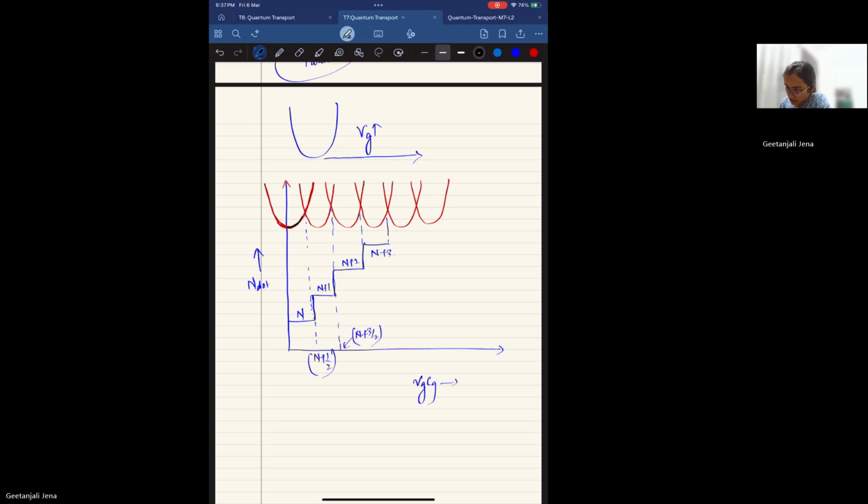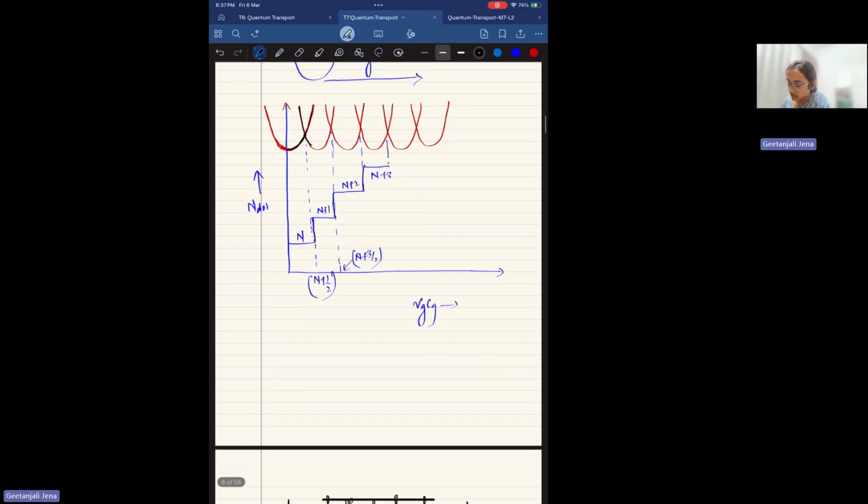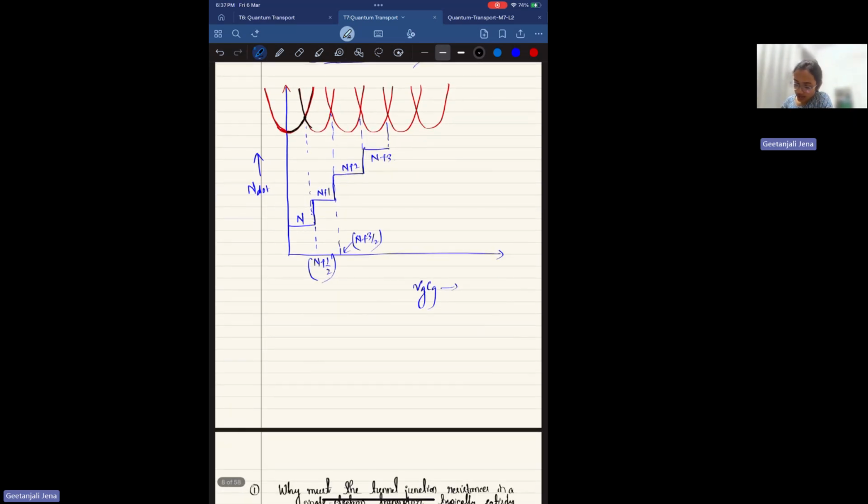Now we'll meet a point where these two curves coincide with each other. So let us see what is happening in that region. When we increase the gate voltage, the induced charge, CgVg, will increase, but the effective charge will remain as n.